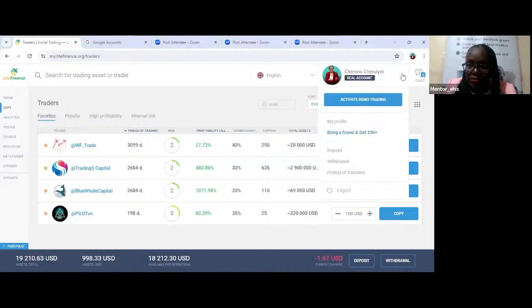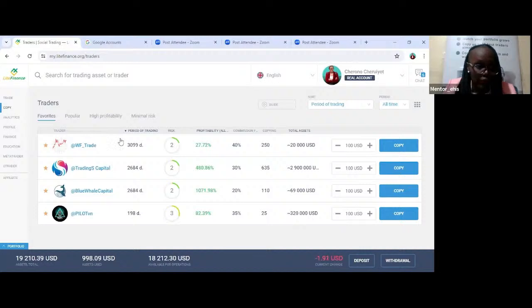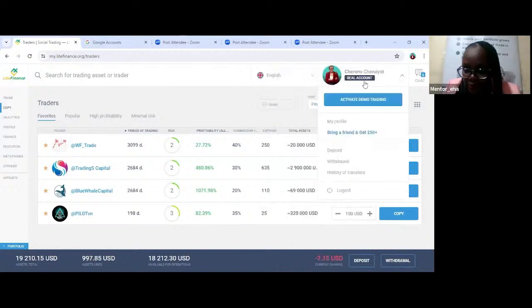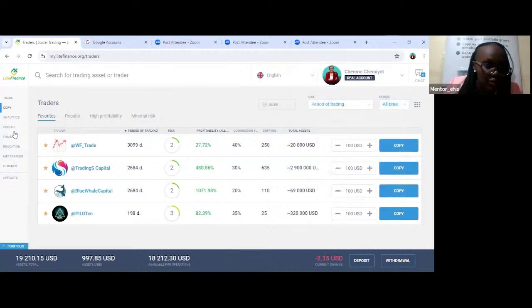When you want to do it on demo, you come here, click on this and change your account to a demo account. Sorry. Trying to show you something.